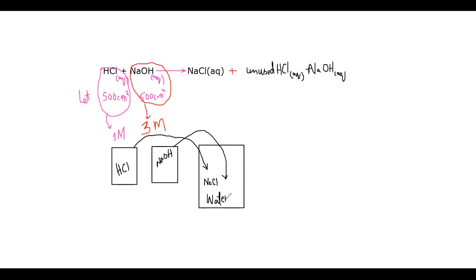Along with that water we also have the unused or unreacted HCl and unreacted sodium hydroxide. These two things, the unreacted hydrochloric acid and sodium hydroxide, are the impurities.